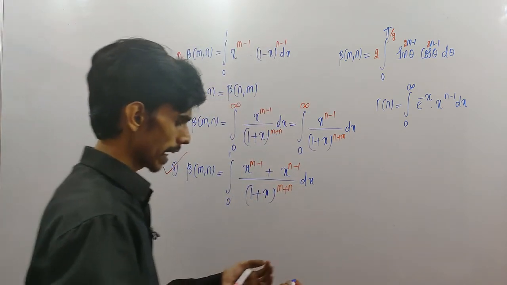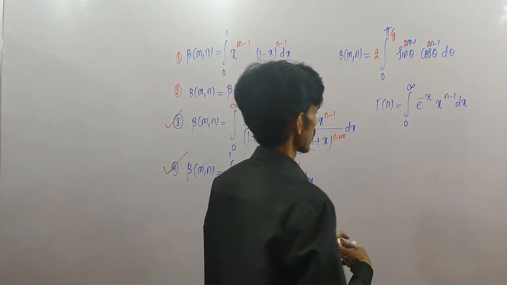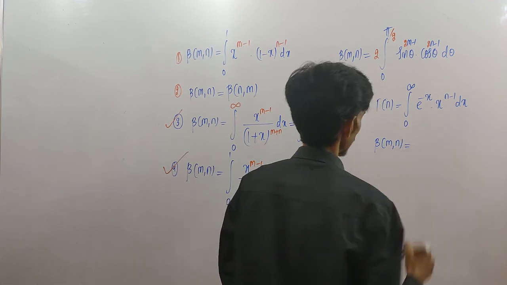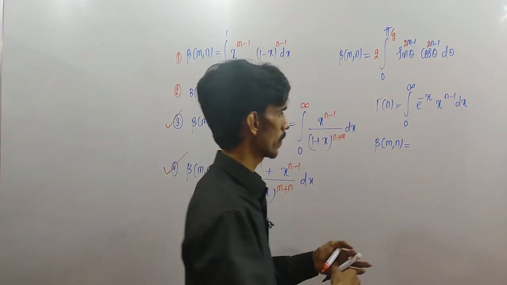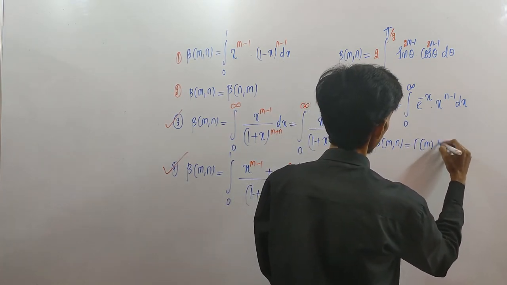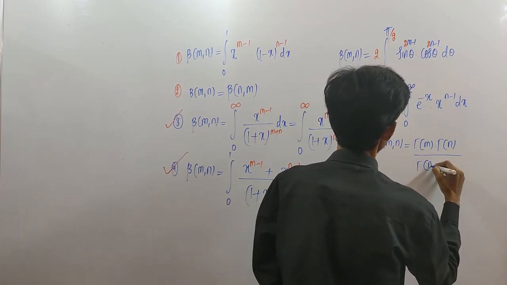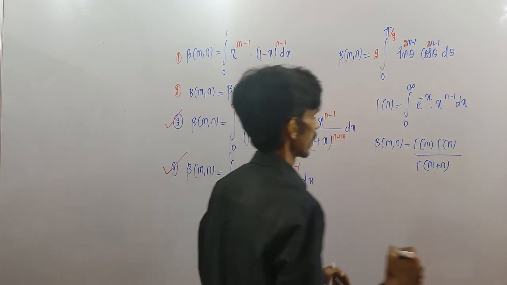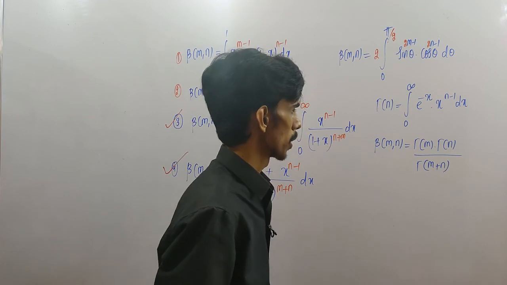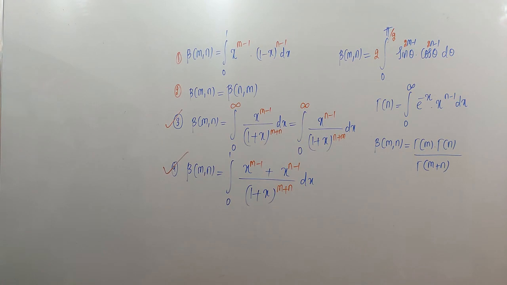Now we will derive the relation between this gamma function and beta function, that is, beta of m comma n can be expressed in terms of gamma function, that is gamma of m into gamma of n divided by gamma of the sum of these two, m plus n. This is one of the important relations between beta and gamma function. Using this relation we can solve so many questions based on beta and gamma function.